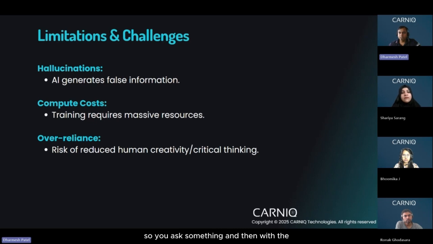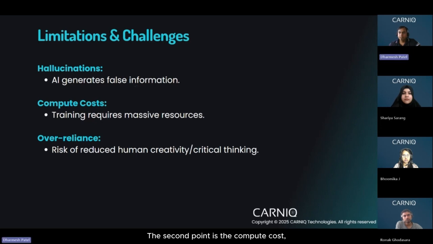You ask something, and with whatever knowledge or data it has, it will try to answer, and there is no guarantee that it will always be the correct answer. If the data itself is wrong or the processing in between is wrong, then you will get the wrong output.